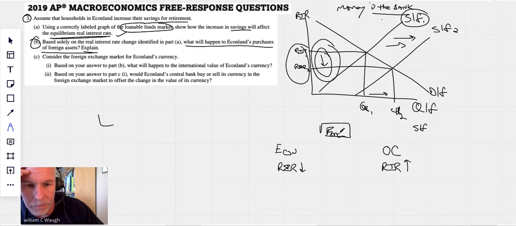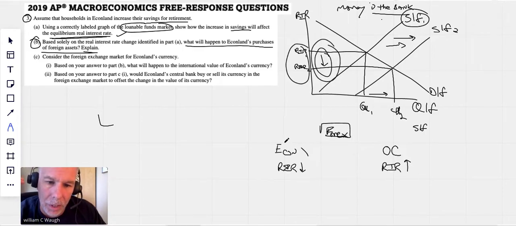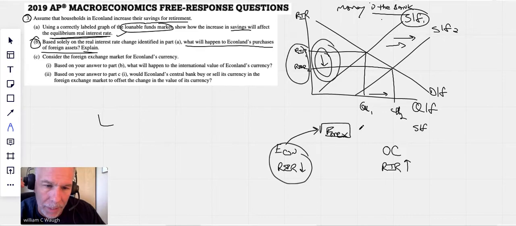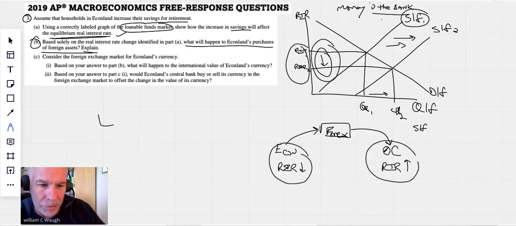Now, let's do that a little bit better. We understand that as our real interest rate in Econoland goes down, people move their money out of Econoland into the Forex. They buy other currencies, and they're going to put their money in other countries to get that higher real interest rate, right? This is clearly a foreign exchange question, but it's not set up so that it's apparent.